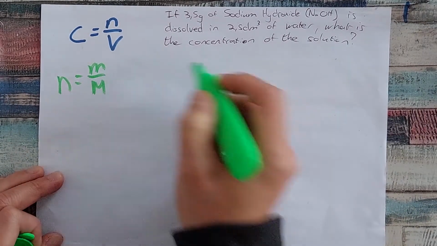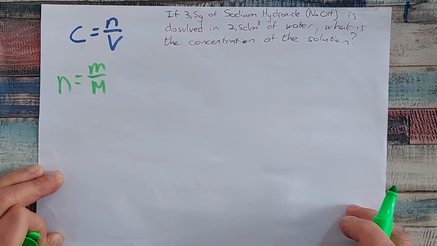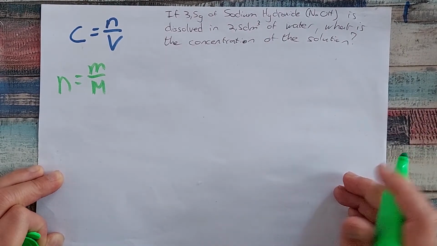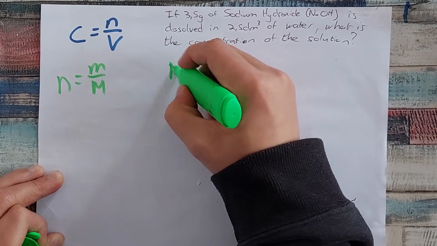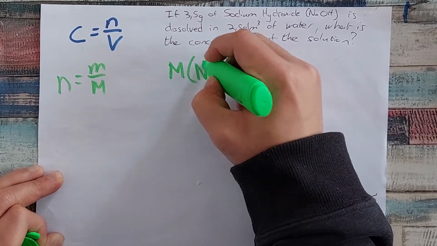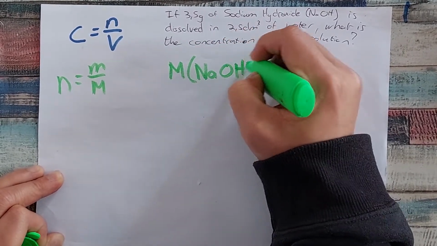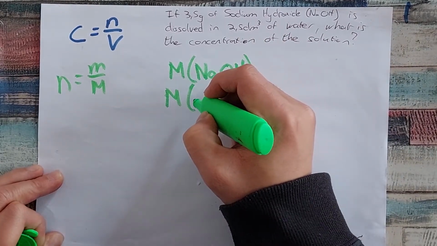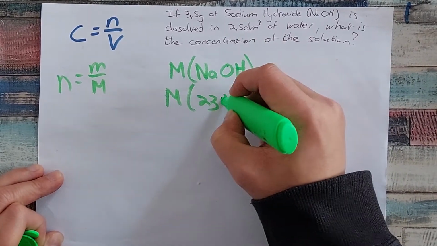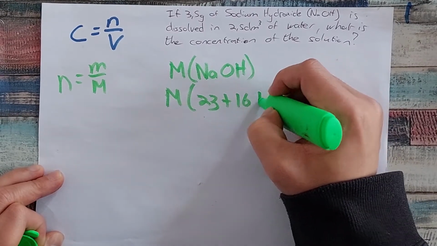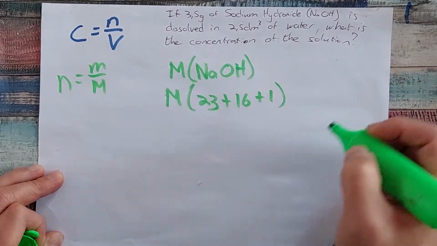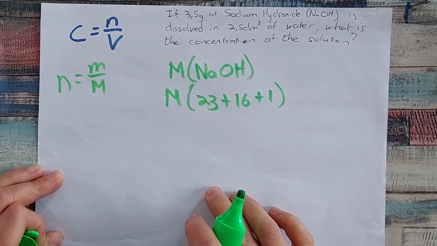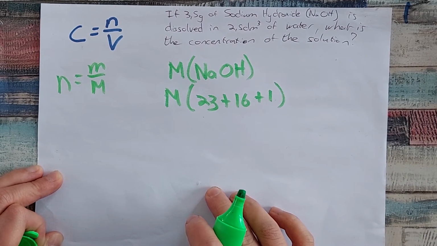Now, this M, like I've said, you must treat as a constant because you can always find it on your periodic table. So I'm going to do a little side calculation for my NaOH. My Na is going to be 23, plus my oxygen, which is 16, plus my hydrogen, which is 1, which is going to give you a value of 40.